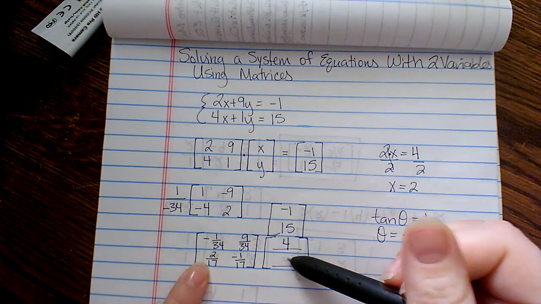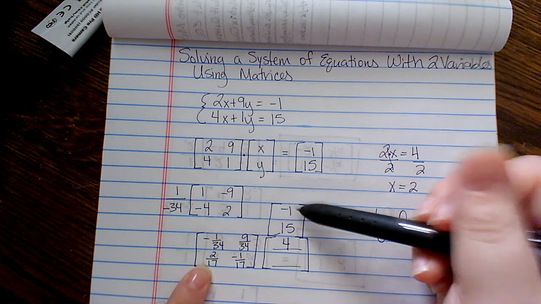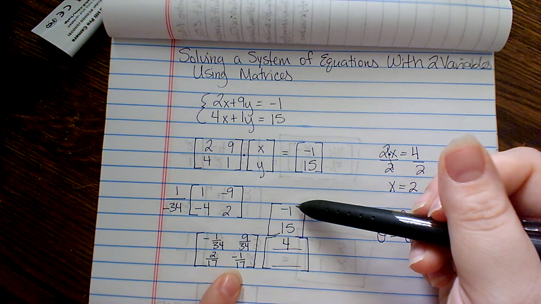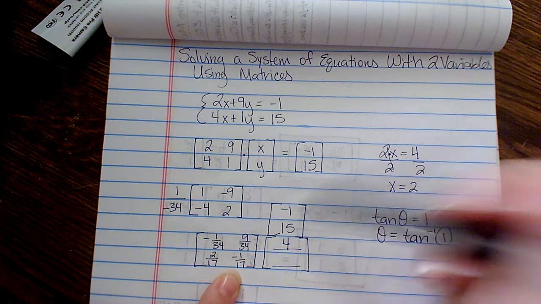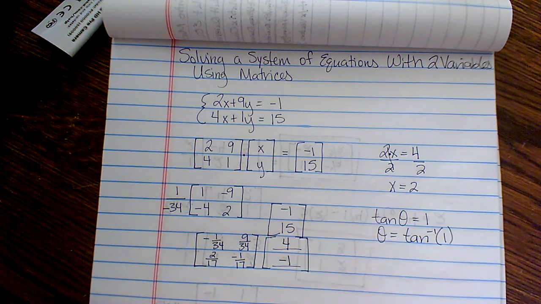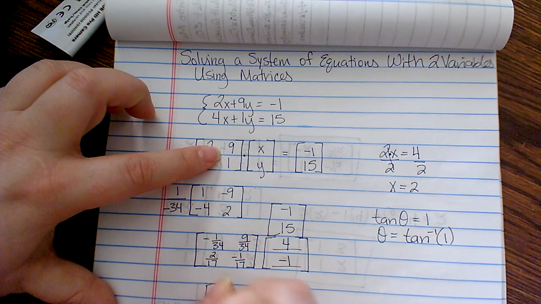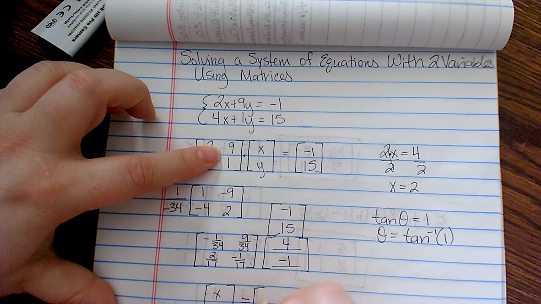Then here, start at the front of the row, top of the column: 2 over 17 times -1 plus -1 over 17 times 15. Type that in your calculator, you get -1. So we have that this x over y equals this answer here.